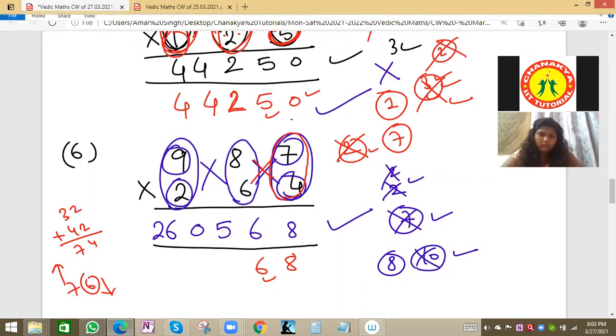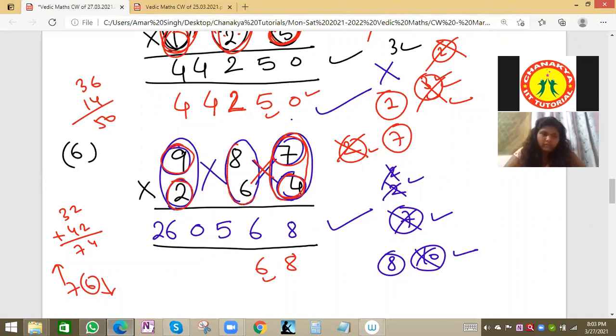Now we'll do big crossing, means 9 4 ja 36. Then 7 2 ja 14. 36 plus 14 will be 50. Write the values. This will be 50.